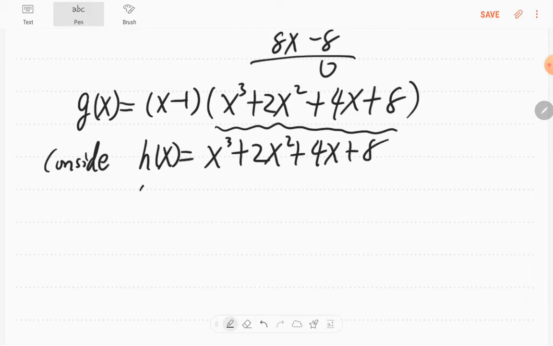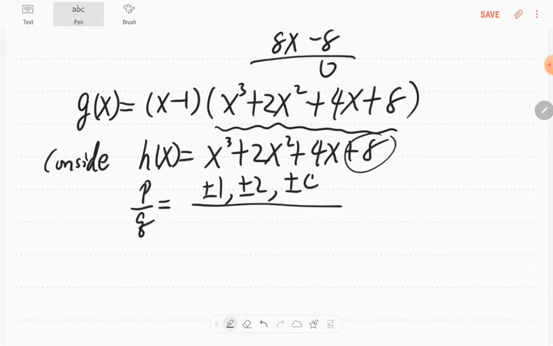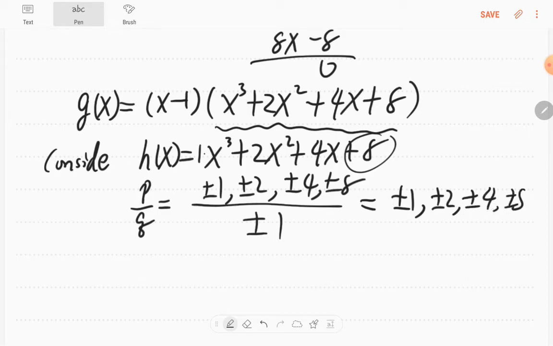So again, the possible rational zero is, here is the positive 8, so it's plus minus 1, plus minus 2, plus minus 4, plus minus 8. Here is plus minus 1, right? Because here is 1, right? The coefficient is 1, so the factor is plus minus 1. So again, this is plus minus 1, plus minus 2, plus minus 4, and plus minus 8.